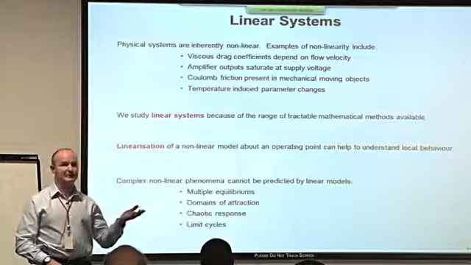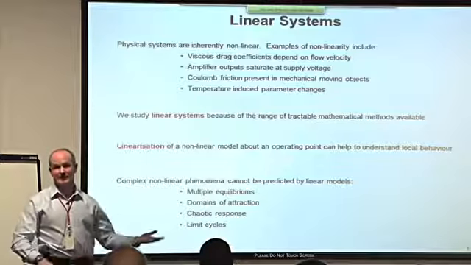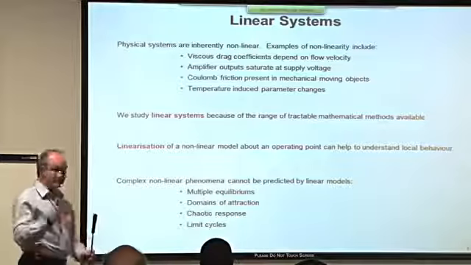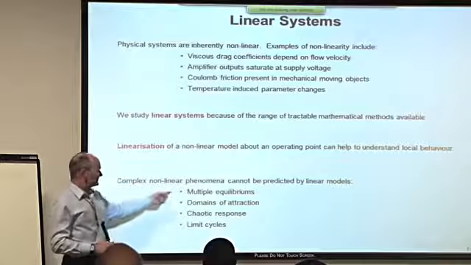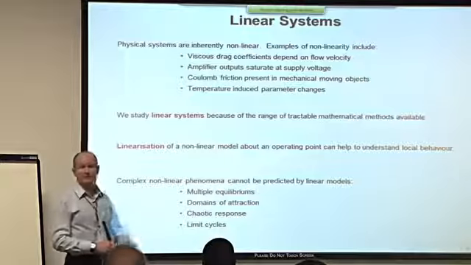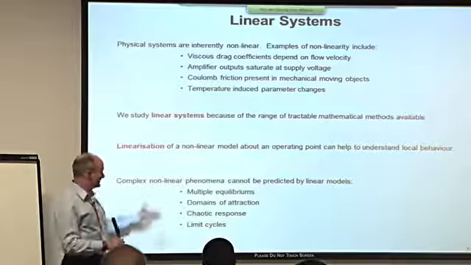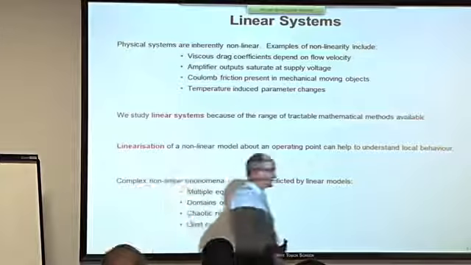Other times we base the models on linear assumptions. Whatever we end up with, it's a linear system, which I'm going to tell you what it is in a minute. The things that we have to accept are that we're not going to be able to represent characteristics like multiple equilibria or domains of attraction, chaos, all of which are nonlinear effects. So obviously we're approximating reality.